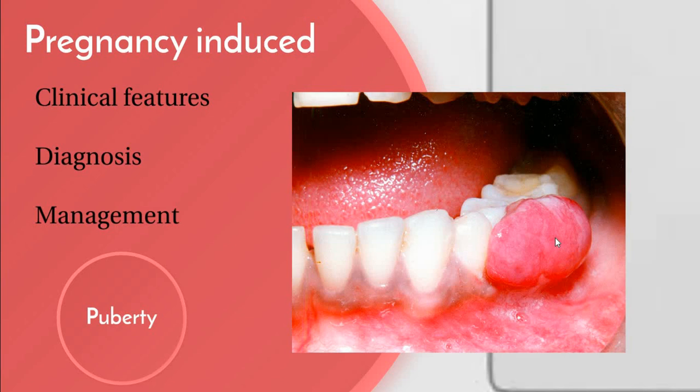So the management will be simply maintenance of oral hygiene. Most gingival enlargement during pregnancy can be prevented by the removal of local irritants, and advising the pregnant lady on intensive oral care and continuous checks and visits to the dentist throughout the pregnancy.